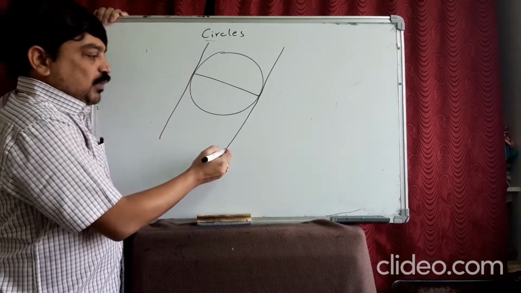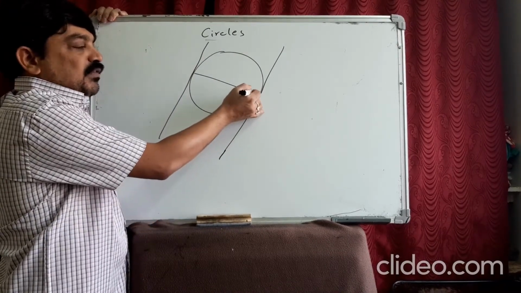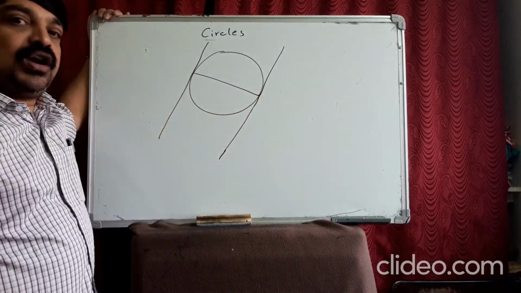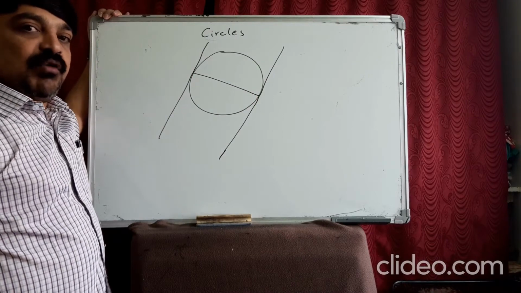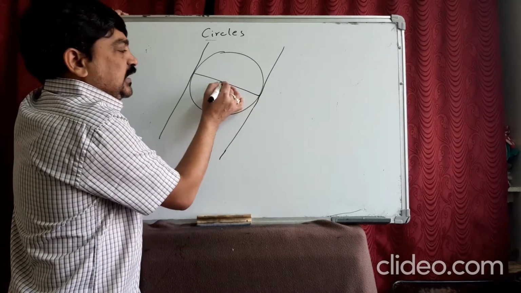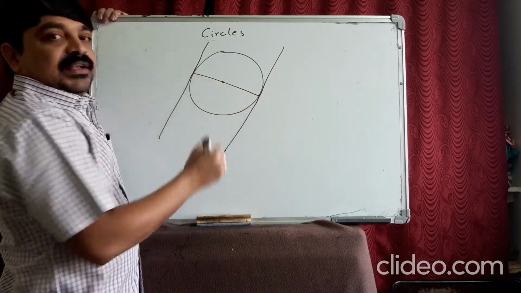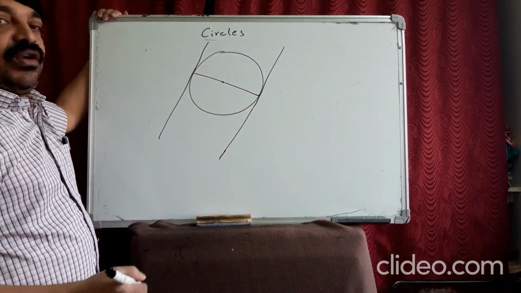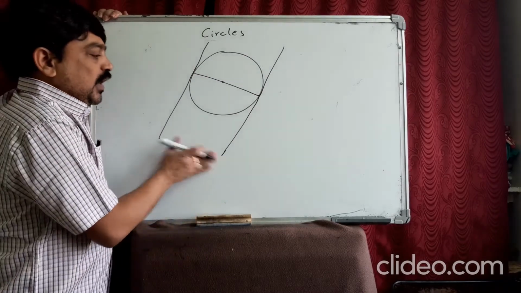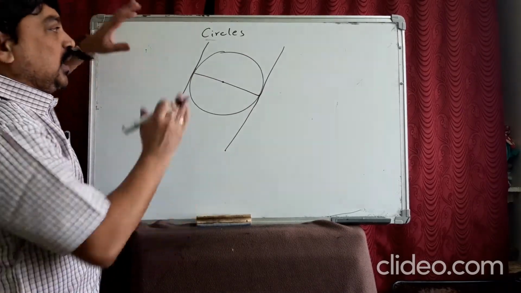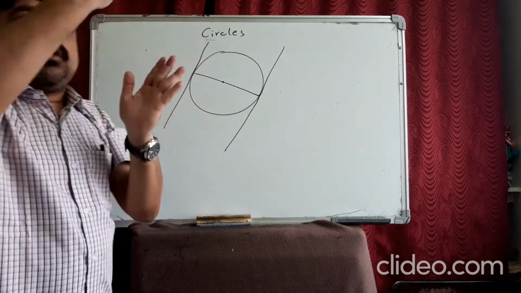Because just now we proved that the perpendicular will always pass through the center, or the radius always passes through the point of contact. If I take this center, this will be perpendicular and this will be perpendicular, this will be 90. So how many parallel tangents can you draw at most? A pair of 2 parallel tangents can be drawn. Like that, how many? An infinite number of pairs of parallel tangents can be drawn.